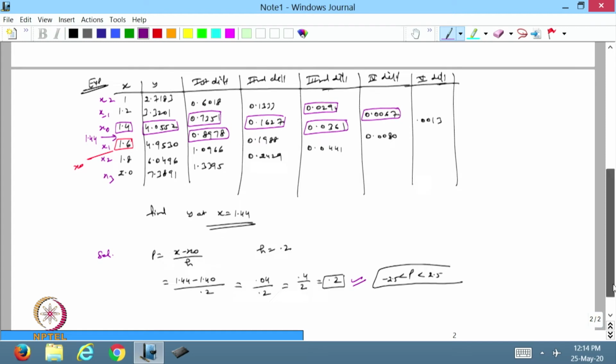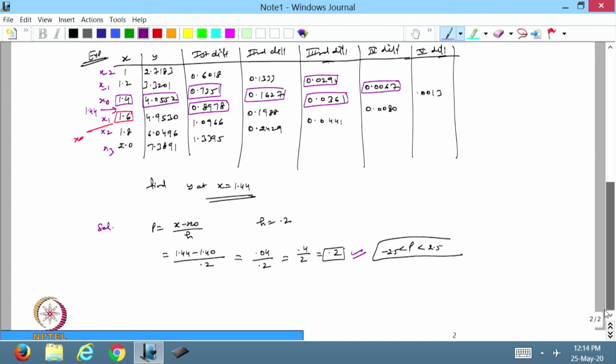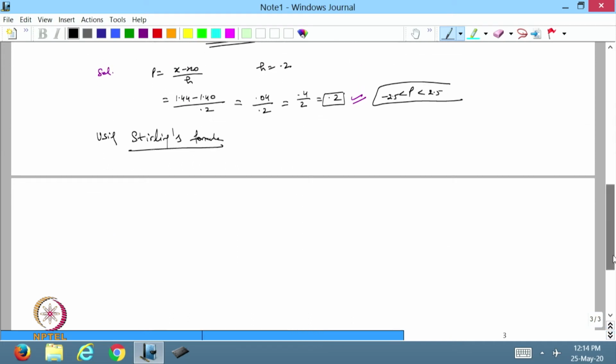Now I will apply this Stirling formula to approximate the value here. So using Stirling's formula, the value of yp will be equal to, so I will give these values.